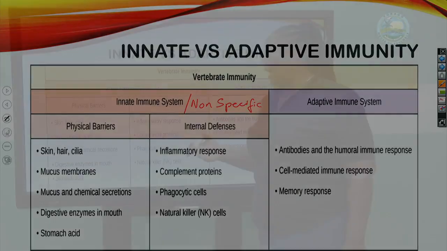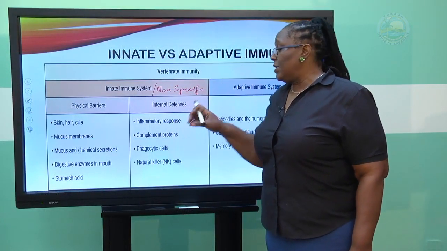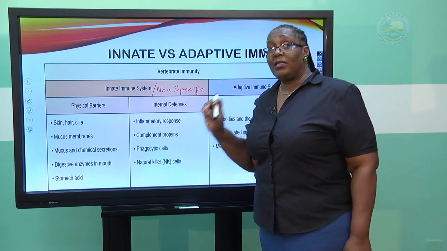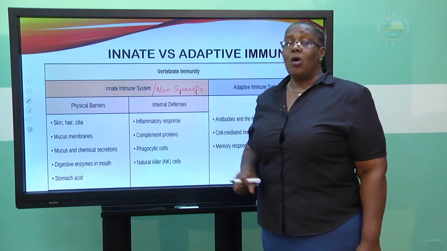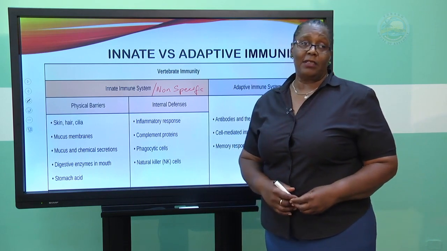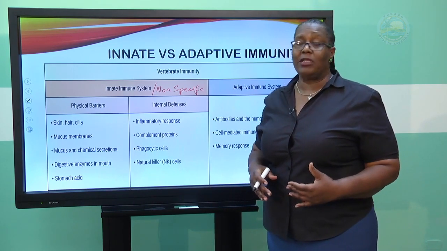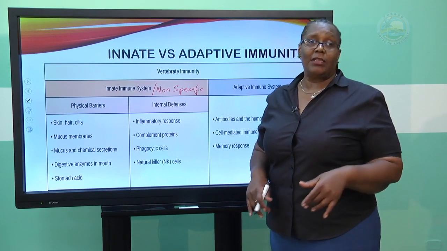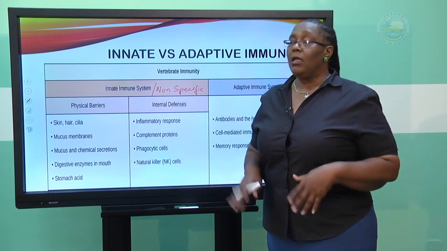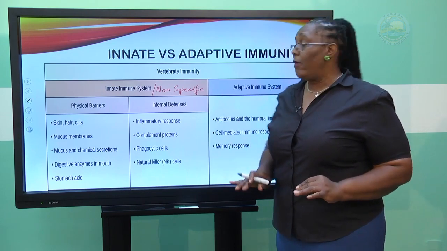It means that no matter what pathogen comes in, whether it is a virus or a bacteria or a fungus, whatever comes into your system, these things are going to fight against it. These things are going to try to protect you. They are not going to discriminate and say, oh, that's a bacteria, oh, that's a fungus, or that is polio. Once something is deemed foreign, they are going to attack it, right?